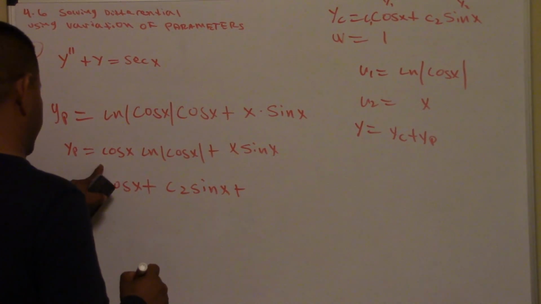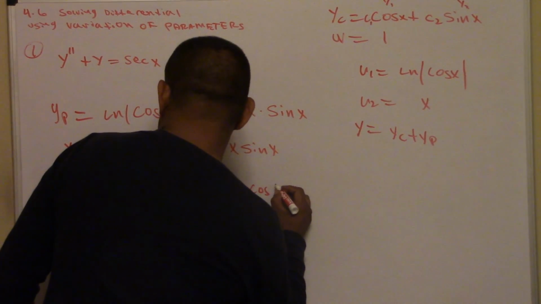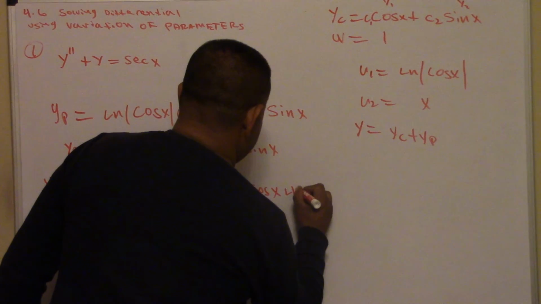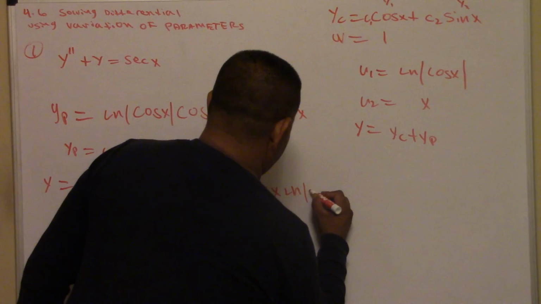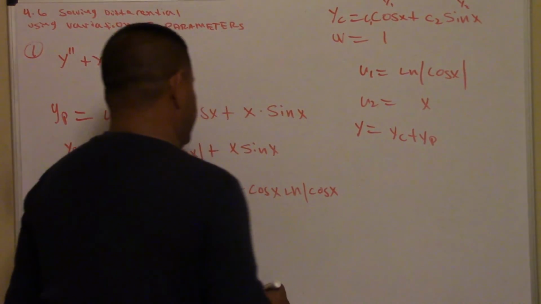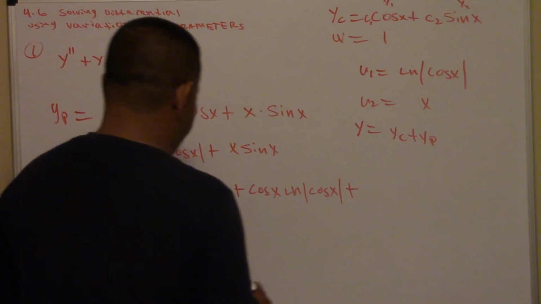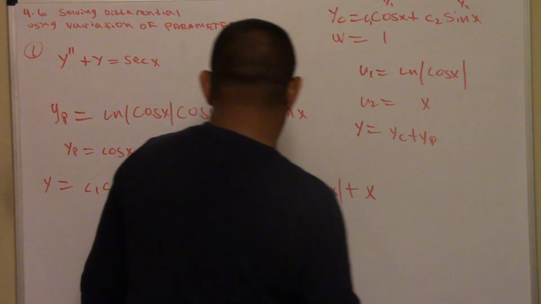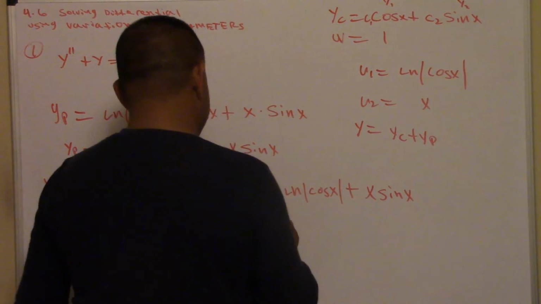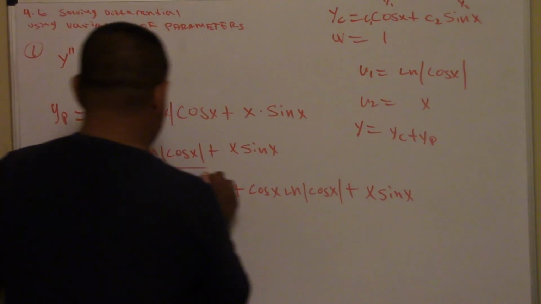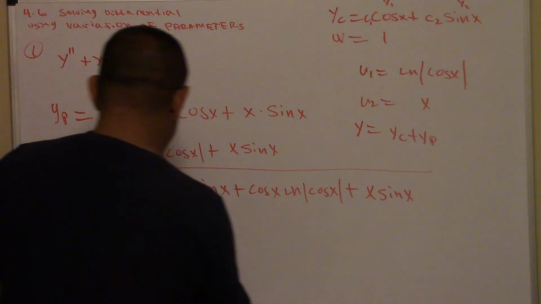Plus this bit right here, which is going to be cosine of x ln of absolute value of cosine x plus x sine x. That is the answer for this problem.